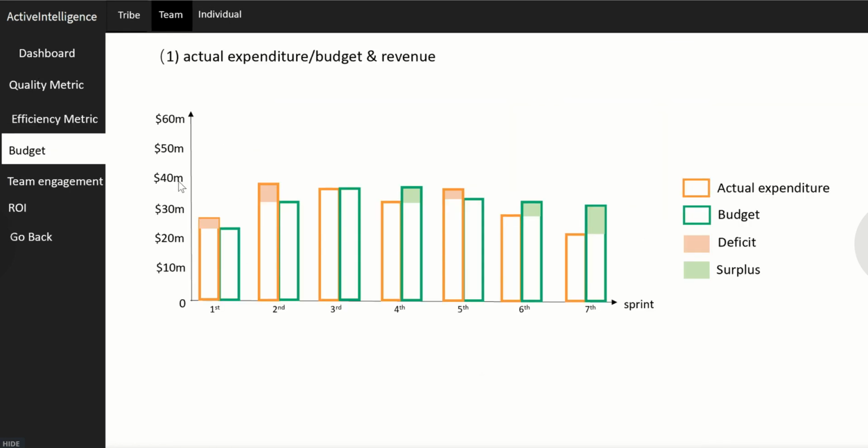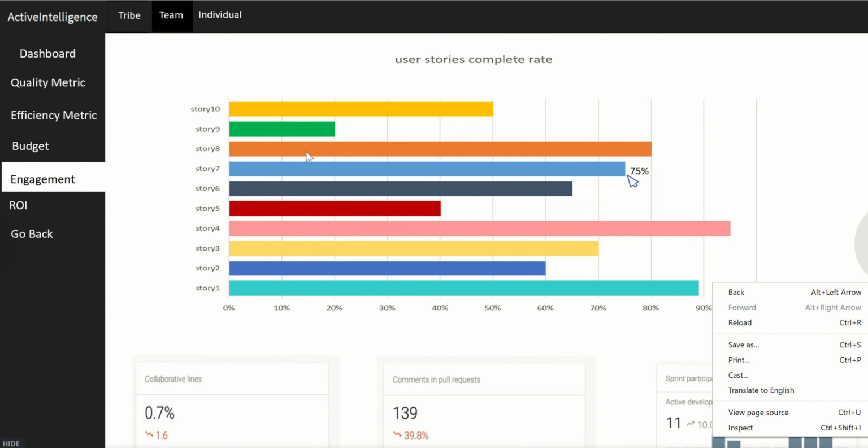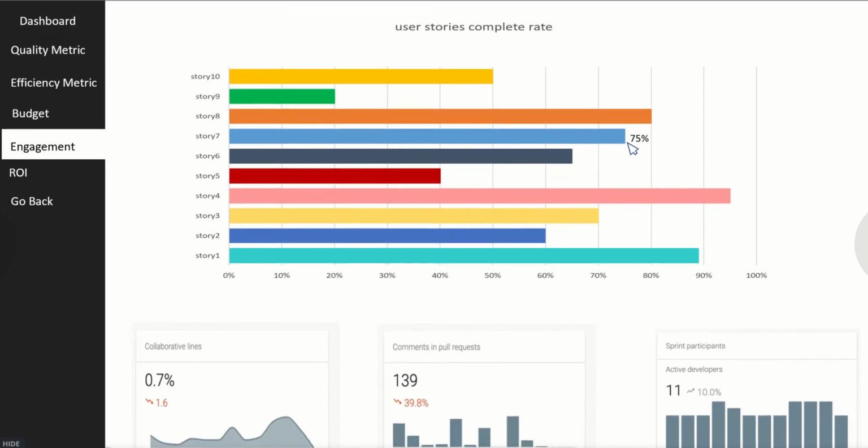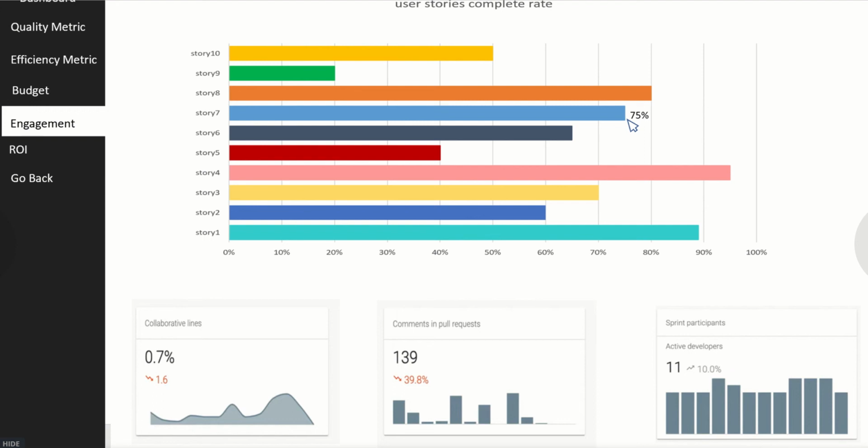At the same time, we are helping you with budget. So if you are adding a resource or if there is a resource creep, the budget will get automatically updated. At the same time, finally, we are showing team engagement. So we are showing team engagement by understanding, let's say you are doing a number of user stories in a sprint, story 10, story 9, and how many times you are finishing the story.